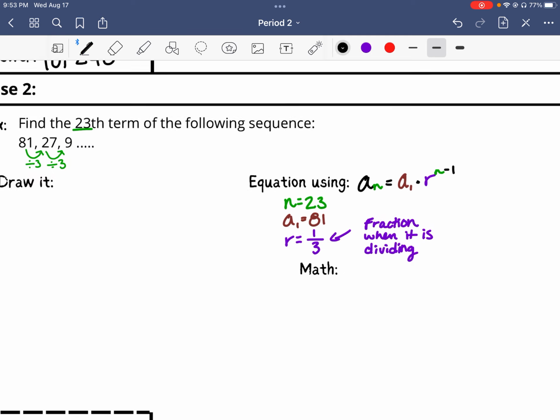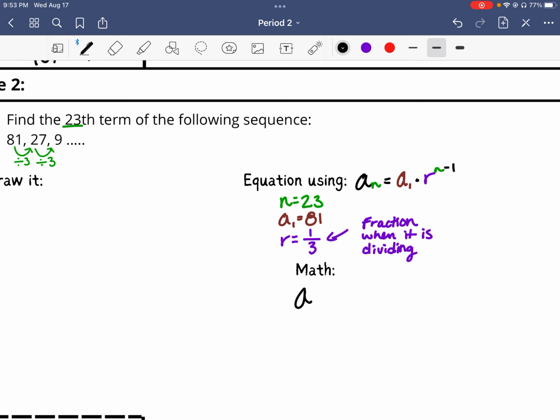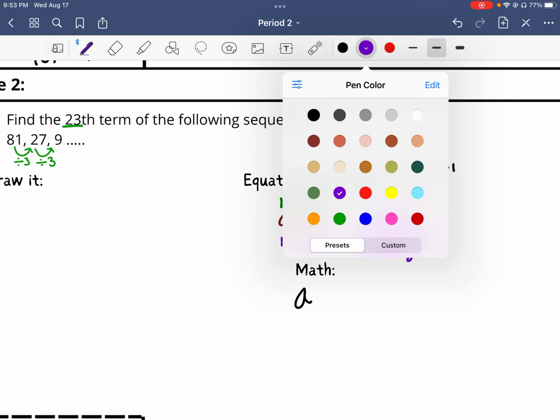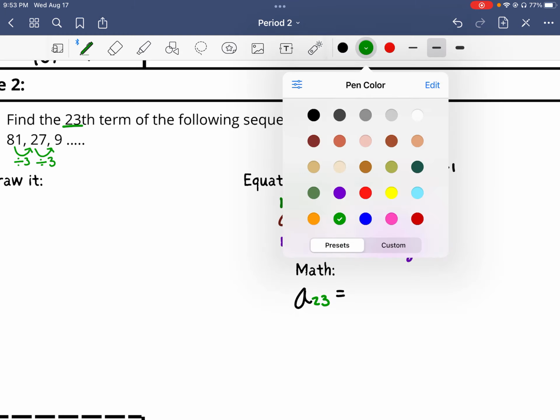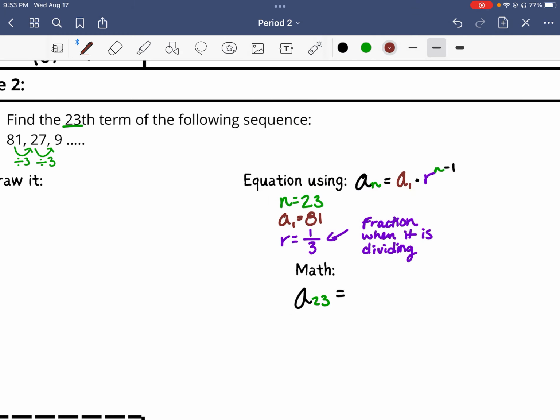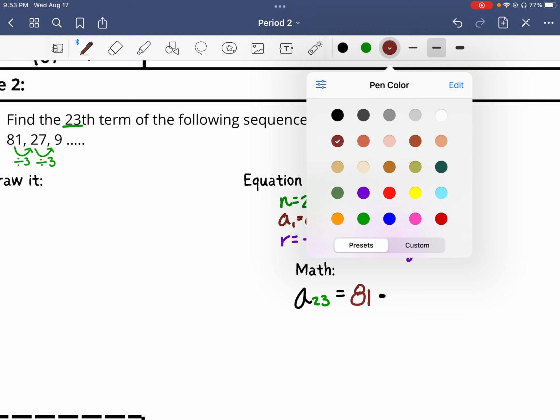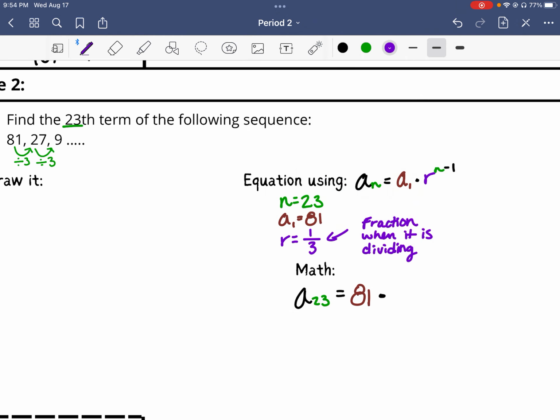So let's pop it in. My 23rd term is going to equal my first term, 81, times my 1/3 ratio to the 23 minus 1.